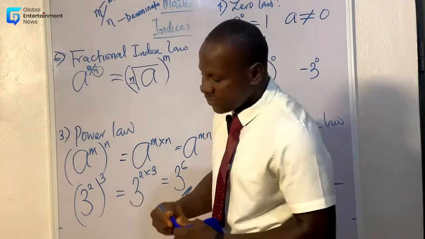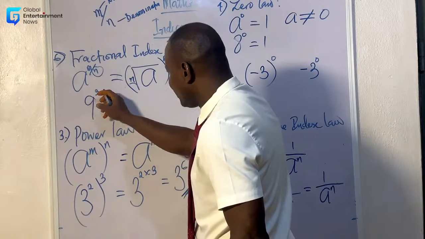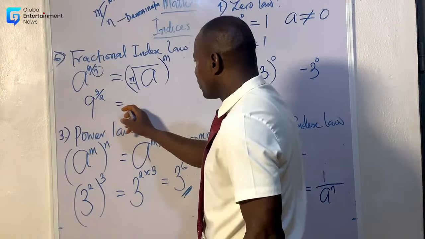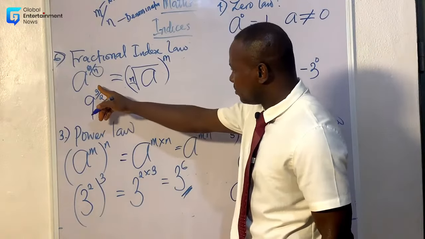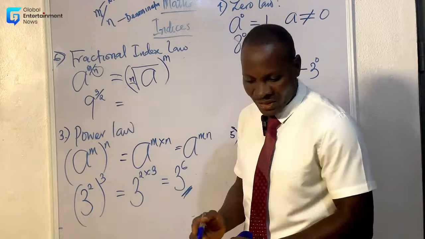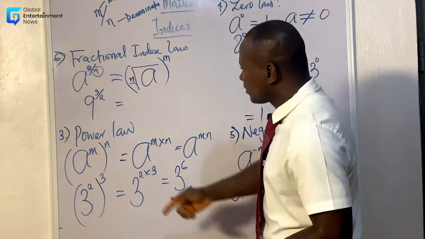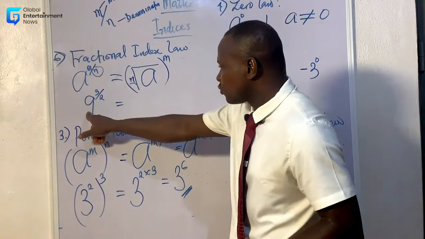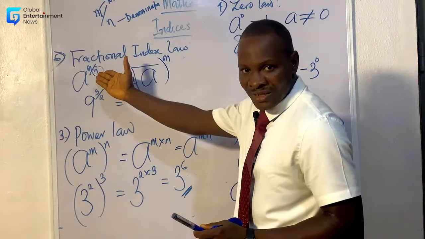For example, if you have something like this, 9 raised to power 3 over 2. With this now, what do we have here? What is my numerator? My numerator is 3, while my denominator is 2. So what we are going to do here is take this 2 to root my base number. I believe you understand.